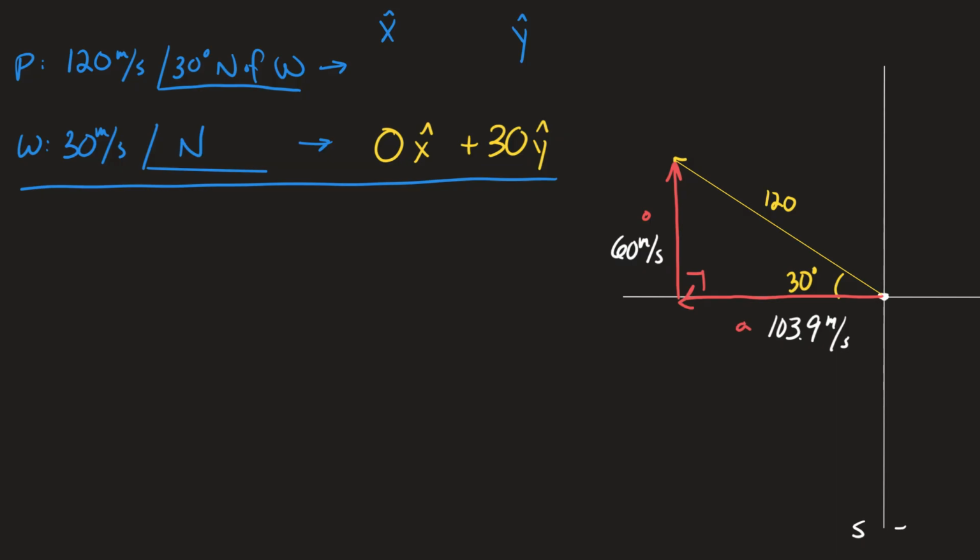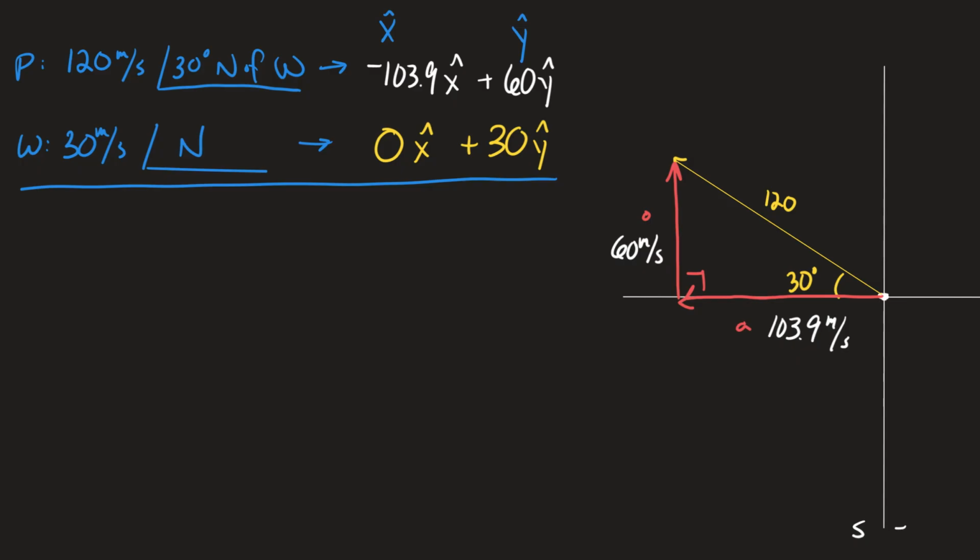So this is minus 103.9 in the x direction, because it goes to the left, and plus 60 in the y direction, because it goes up. Again, we have to write a vector equation to complete our rectangular part. But now that we've done that, we have finished step one. Yay, we converted all of our vectors to rectangular.